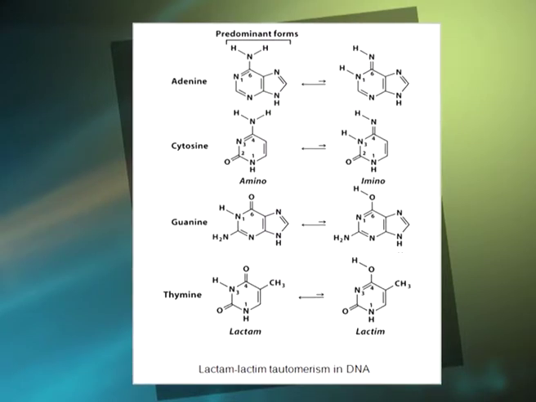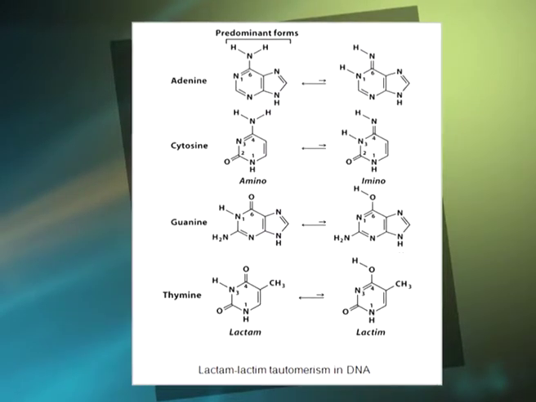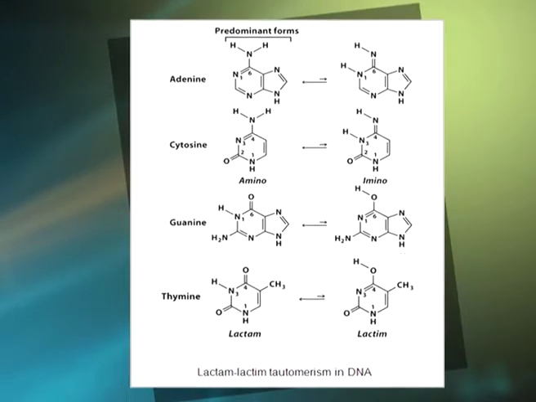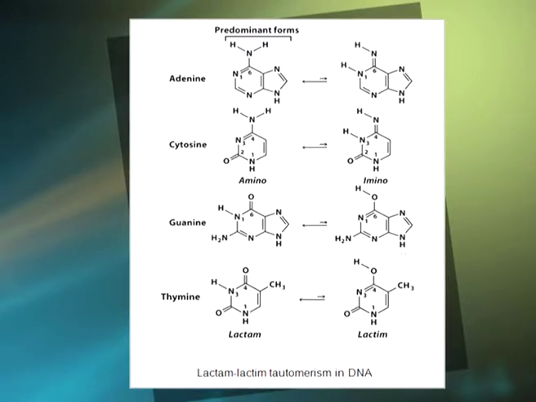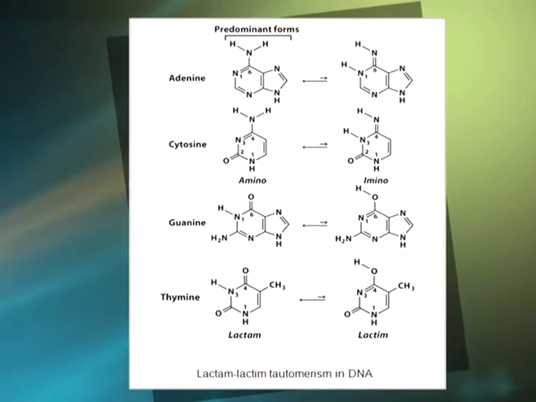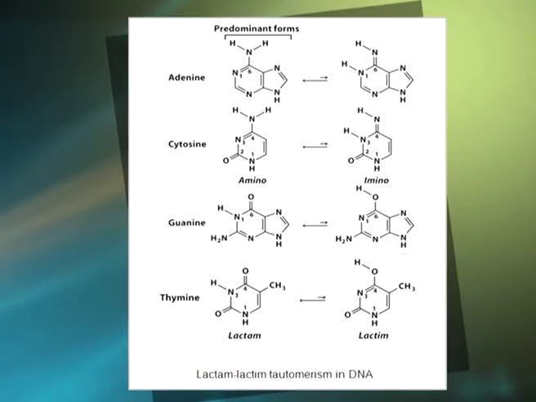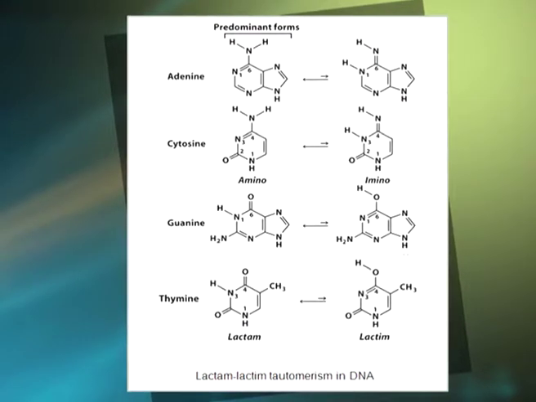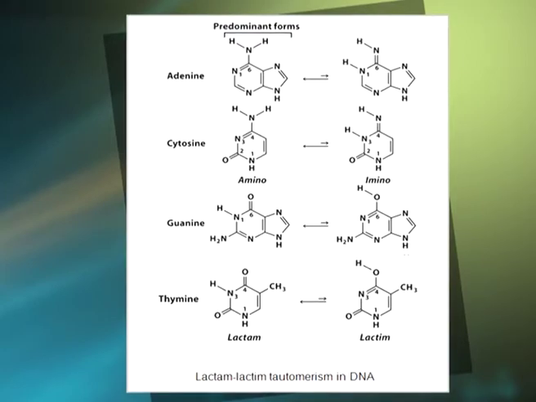The tautomeric forms of each base exist in equilibrium, but the amino and lactam tautomers are more stable and therefore predominant under the conditions found inside most cells. The rings remain unsaturated and planar in each tautomer as seen in the figure.